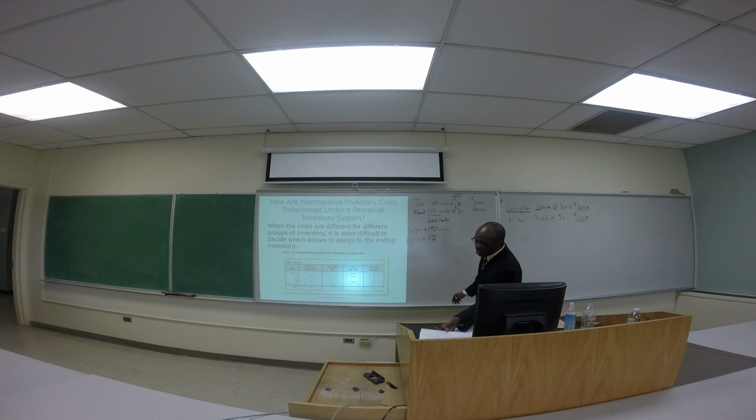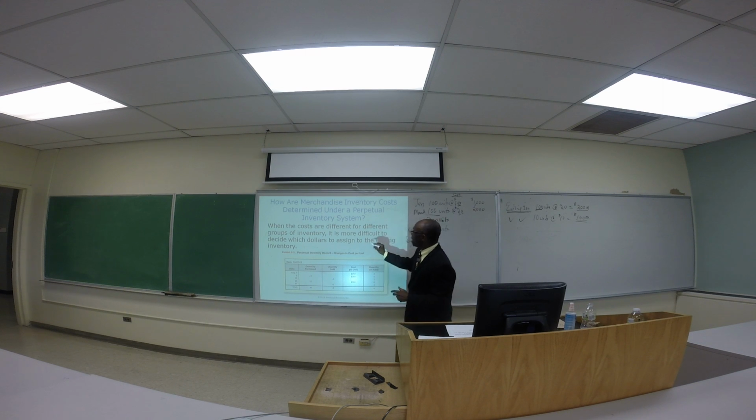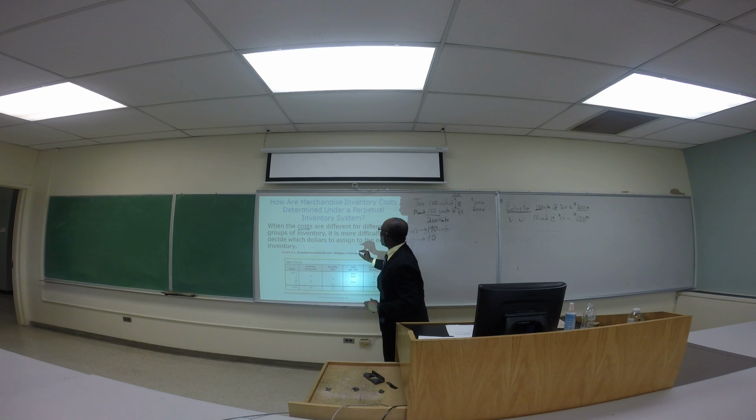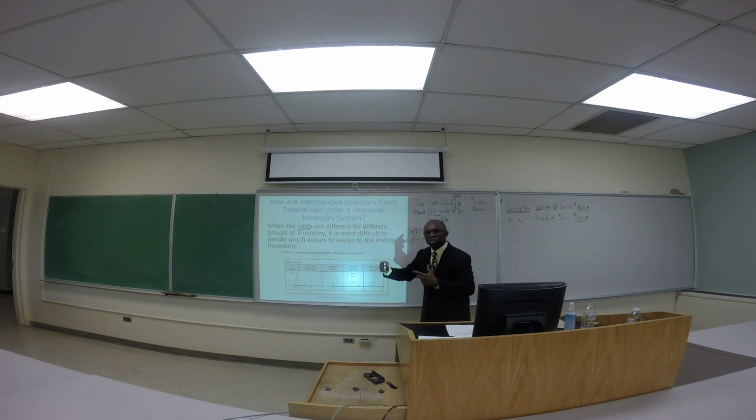So the point that I'm trying to get across here is that when the costs of inventory that you bought over a period of time are different, then it becomes a bit of a challenge to decide which dollar to assign to the ending inventory and cost of goods sold, like we just demonstrated.